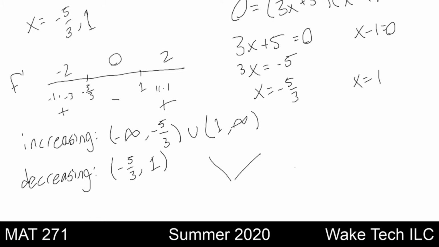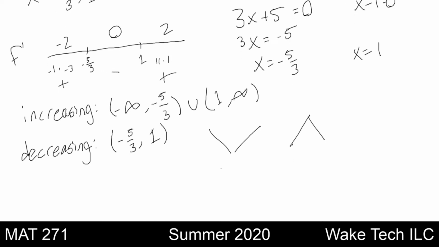You can see how this forms a minimum. And a maximum is increasing from the left and decreasing on the right. You can see how that would form a maximum. So the minimum can be found decreasing on the left and increasing on the right, so at 1. And the maximum can be found increasing on the left and decreasing on the right, so that is negative 5/3.